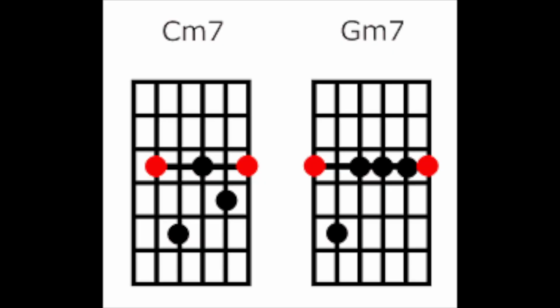If we are moving outside of 1st position, it's a good chance that we're going to be barring some strings. Bars are usually indicated by either a straight horizontal line covering more than one dot, or possibly connecting 2 dots to show that all of the strings between the 6th string and the 1st string need to be held down with the 1st finger.